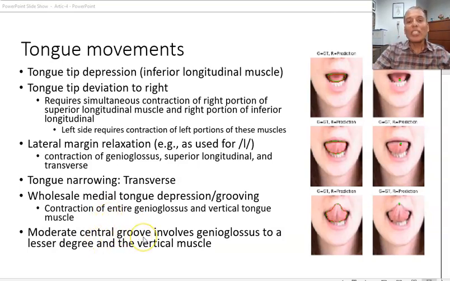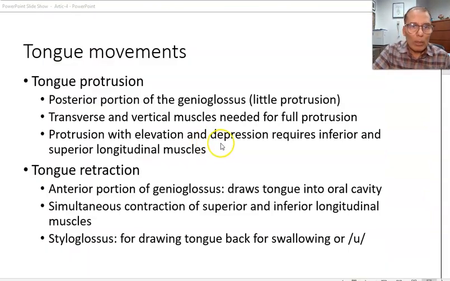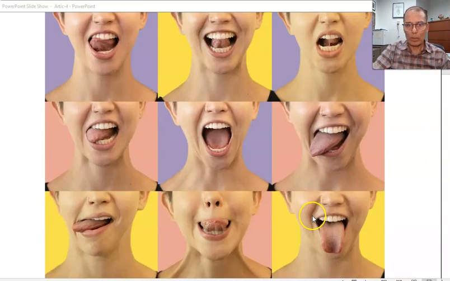For moderate central grooving of the tongue, like a little groove, as you could see, for example, in the first top image on the left, there's a little grooving of the tongue in conjunction with the other movement. In the middle picture here, there is depression and slight grooving.